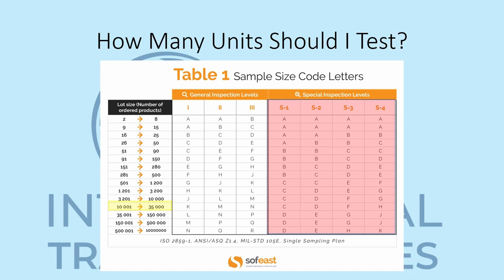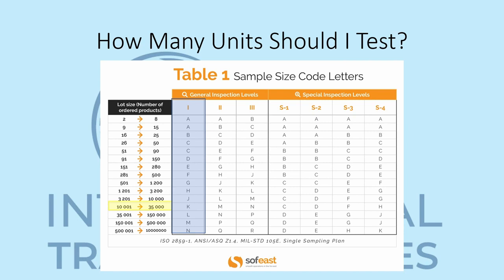And it works similar to the general inspection levels in that for S1 they test fewer units, while for S4 they test more units. Since in this example we're ordering 15,000 Clicktop pens, there's no real safety concerns, there's no real regulatory concerns, we can use a lower inspection level. So it's probably safe to use general inspection level 1.